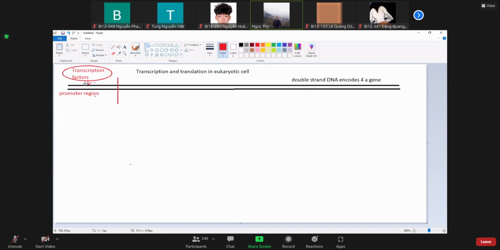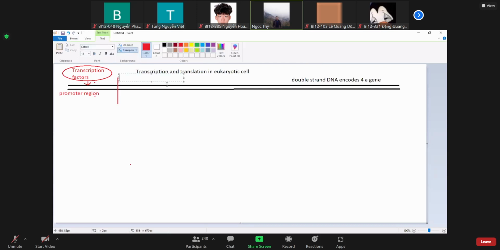But it will not start to synthesize the mRNA from this position. It starts in here, at position +1. This is position +1, which stands for TSS.